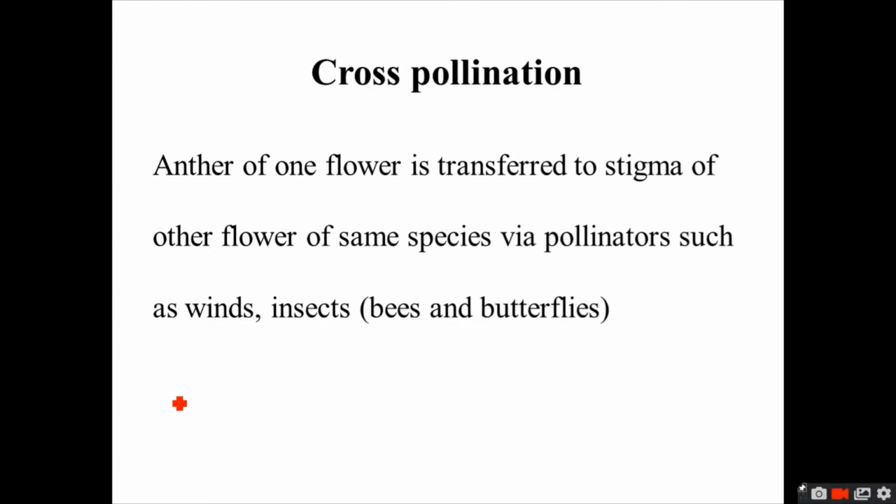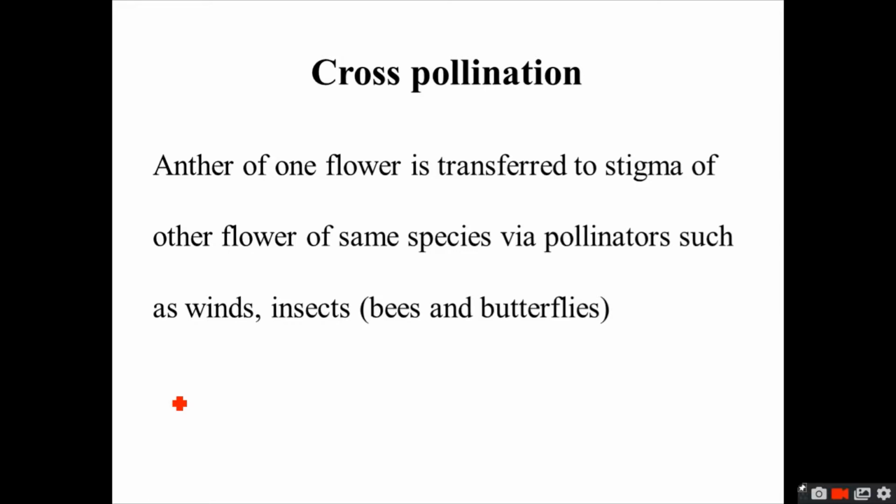So if pollen is collected from one variety of one flower and transferred to another variety of the same species, then the gene sequences of the offspring will change and a new variety will be formed. This is how cross pollination is very much favored by nature. Here we can see that the anther of one flower is transferred to the stigma of another flower of the same species by pollinators. Pollinators are basically insects and wind.